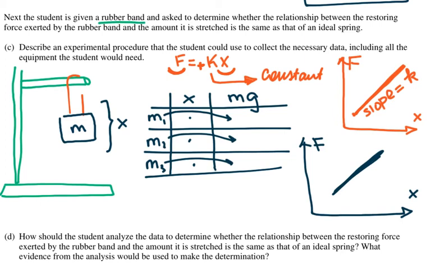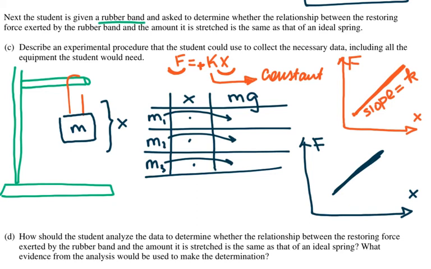So for part D, they ask you, how should the student analyze the data to determine whether the relationship between the restoring force exerted by the rubber band and the amount of the stretch is the same as that in an ideal spring? What evidence from the analysis would you use to make the determination?